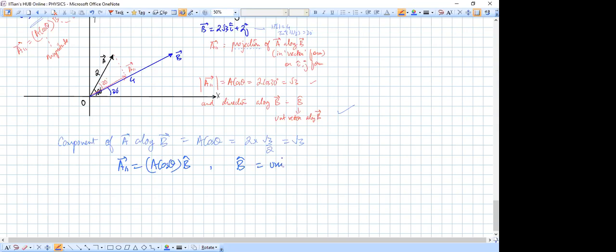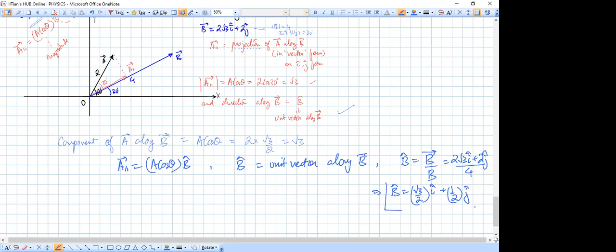So what is B cap here? It is the unit vector along the vector B. So that B cap should become what? It should become vector B divided by its own magnitude. So vector B was 2 root 3 i cap plus 2 j cap and its magnitude was 4. So B cap becomes how much? This. So this is B cap, whereas A cos theta was this.